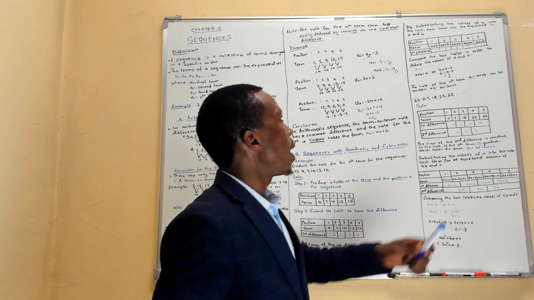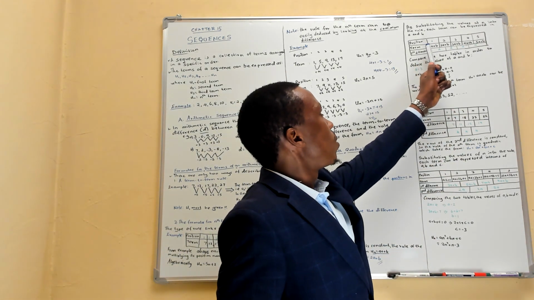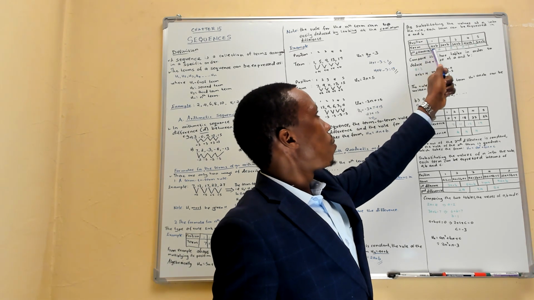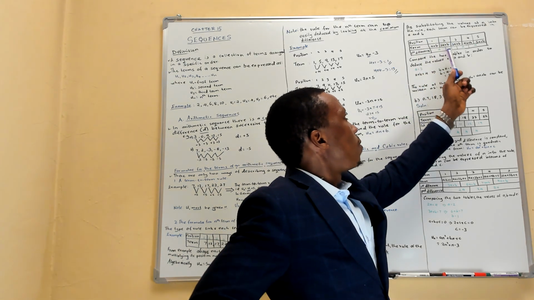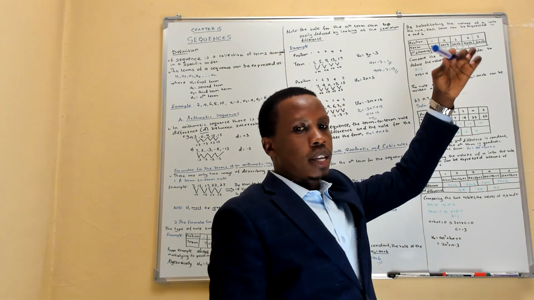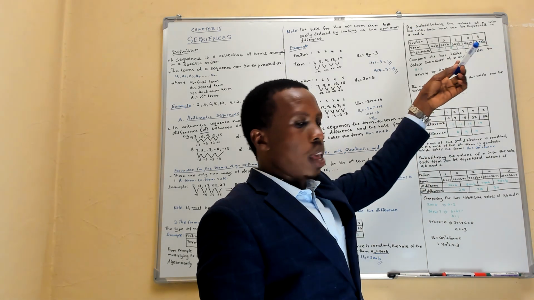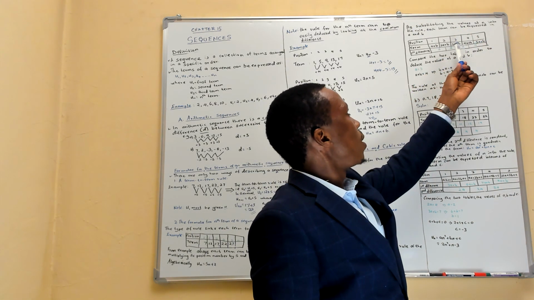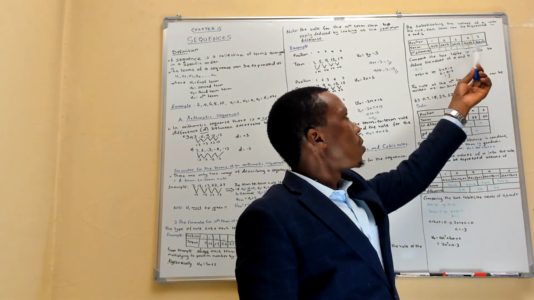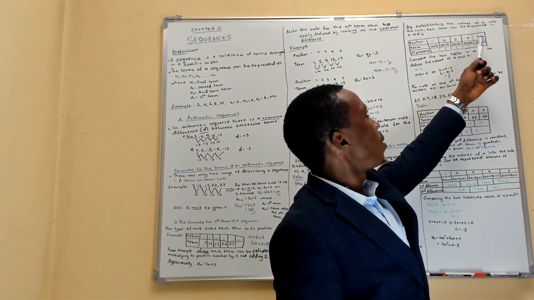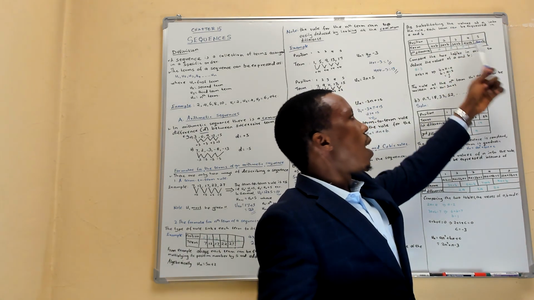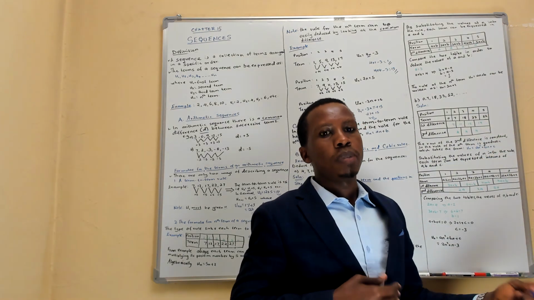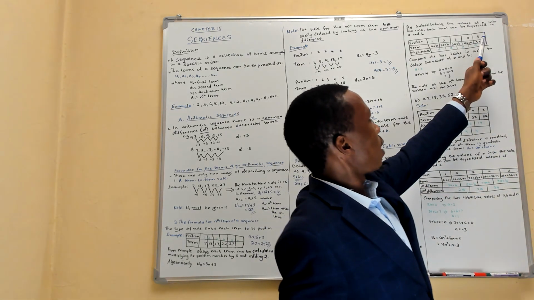I've done the same here. I have a plus b for the first position, 2a plus b for the second position, 3a plus b for the third position, 4a plus b for the fourth position, and 5a plus b for the fifth position, as you can see here.